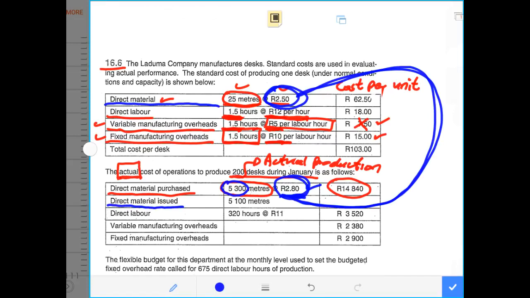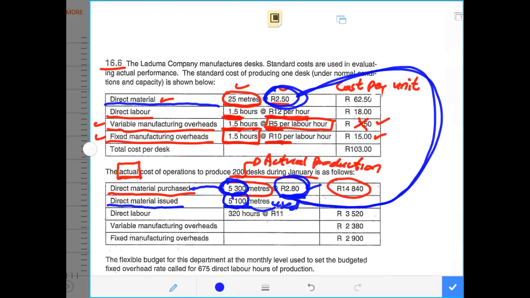The company, after they bought the 5,300 meters of material, only made use of 5,100. Therefore the 5,100 is the material that was used in production, because we only make use of the material when we send it to production, so that it gets converted into a finished product. So we have 5,300 meters that was purchased, and 5,100 meters that was used.